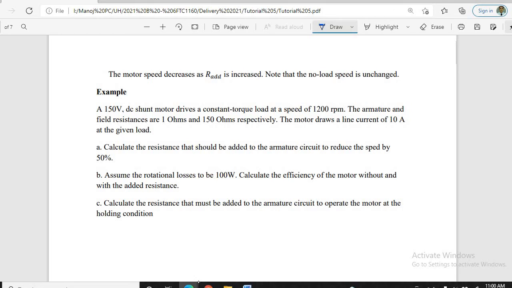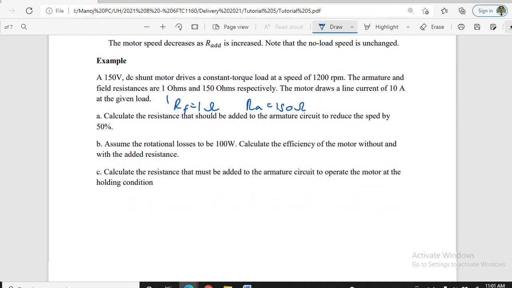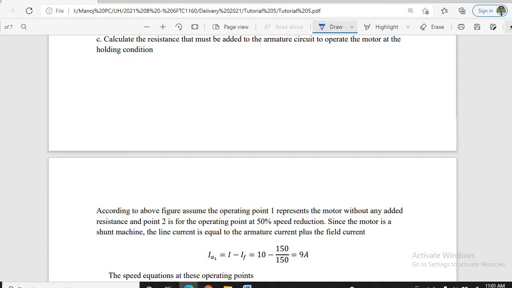The armature and field resistance are Ra equal 1 ohm and Rf equal 150 ohms. The motor draws a line current of 10 amperes. Calculate the resistance that should be added to the armature circuit to reduce the speed by 50%.